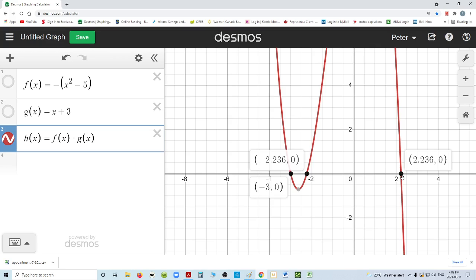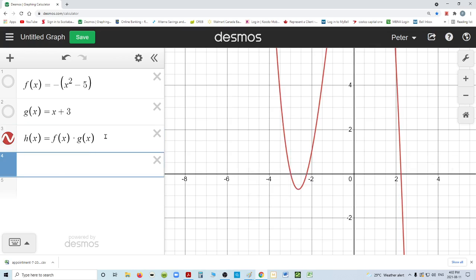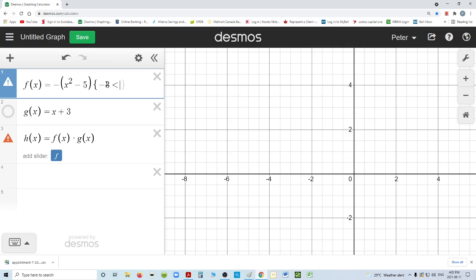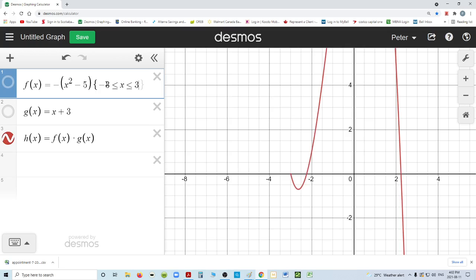Where the line and the parabola cross the x-axis creates the 3 intercept points of this cubic. And since we're only doing the range from minus 3 smaller or equal to x, smaller or equal to 3, and we're doing the same range for the other one, you end up with this.